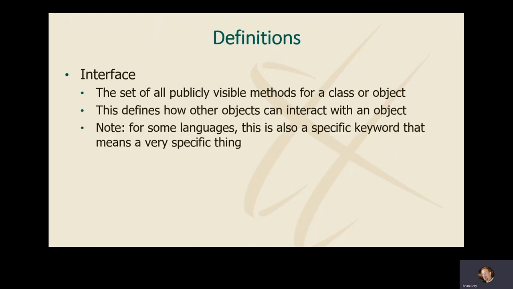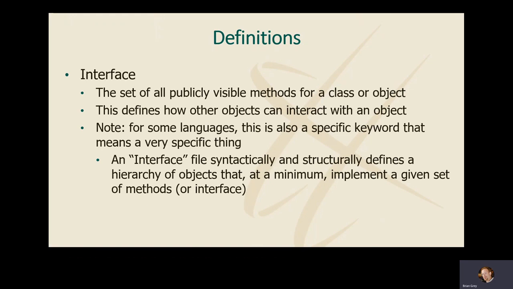Now, for some languages, those of you who have experience with Java or C#, and they're not the only languages that use this keyword, but they're the two languages I used, and I know they use this keyword. An interface is a very specific thing. It's a file that syntactically and structurally defines methods that a hierarchy of objects have to implement.